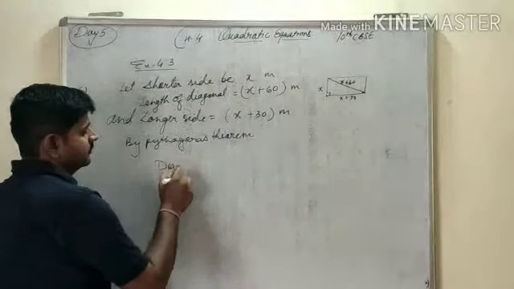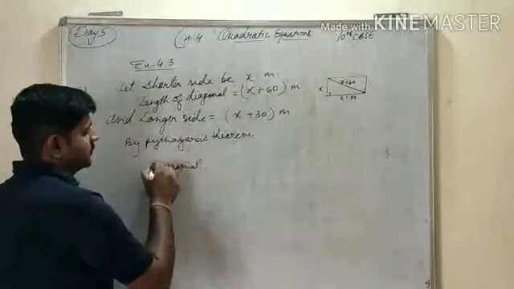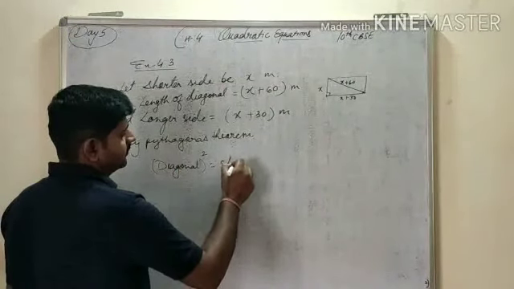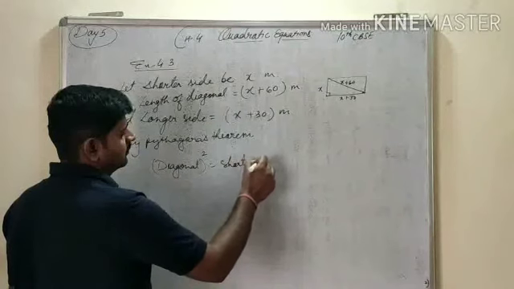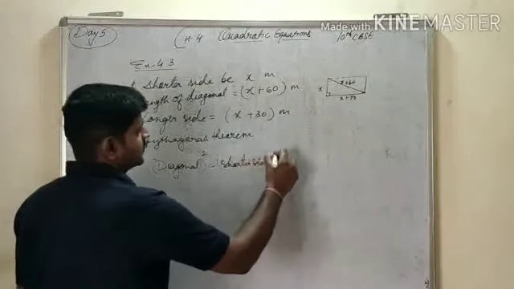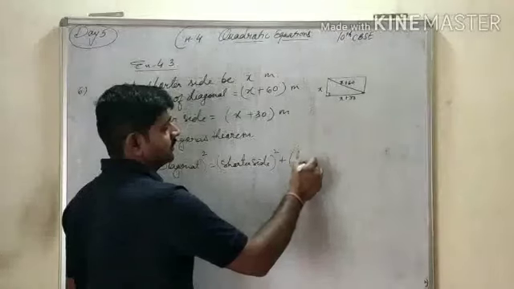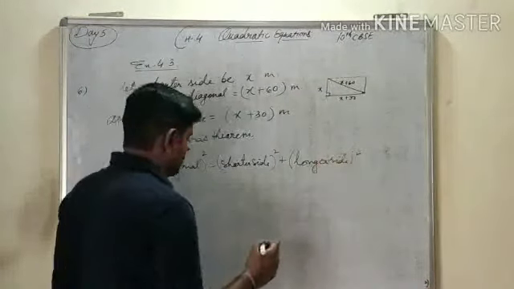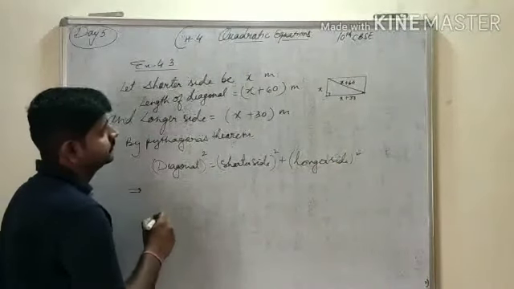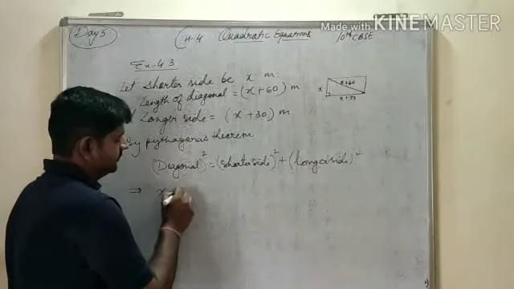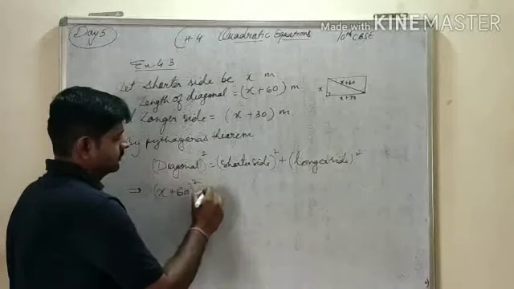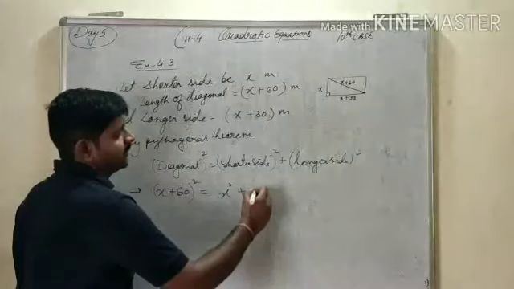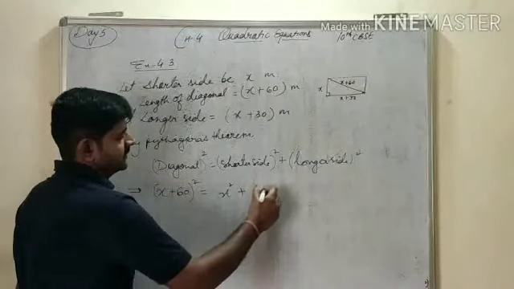diagonal square equals shorter side square plus longer side square. So the diagonal is x plus 60 squared, and the shorter side is x square plus the longer side x plus 30 squared.